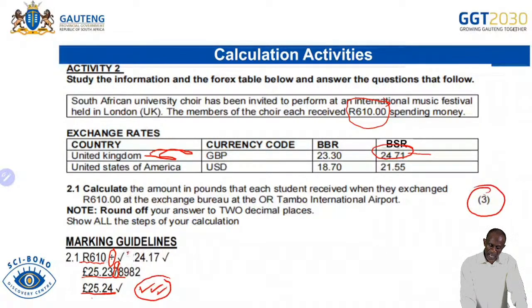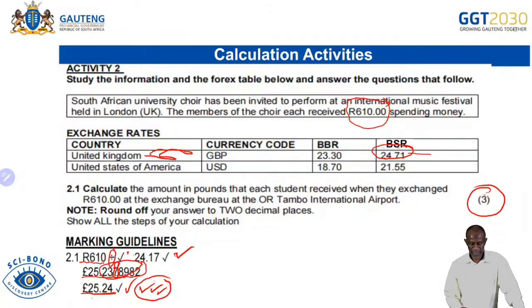There will be 1 mark for correctly using the divide symbol. There will be another mark for using the correct exchange rate, here the bank selling rate, and a mark for the correct local answer. Lastly, remember to round off these many figures. And this is how the calculation is done.